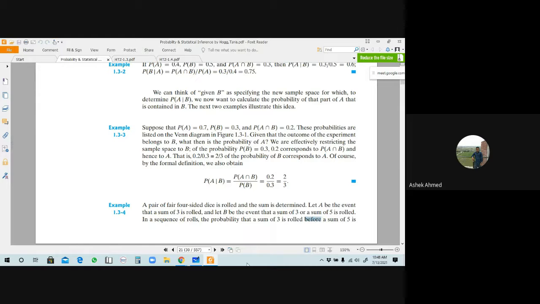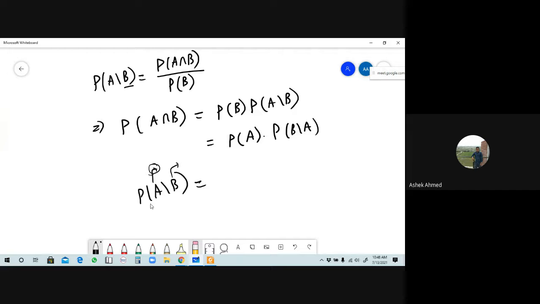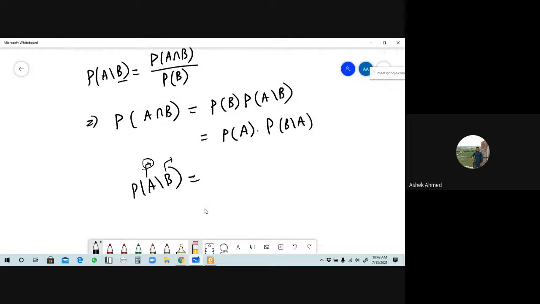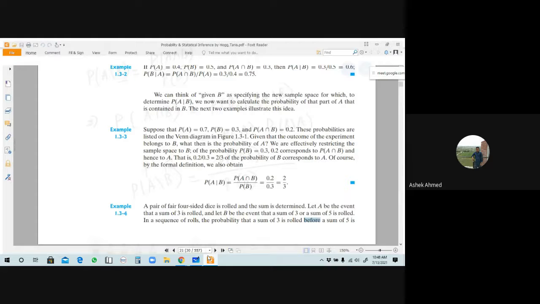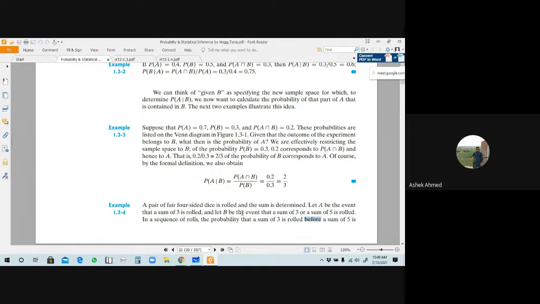Given that, we can say that this will be probability of A given B. From conditional probability we know that this will be probability of A intersection B divided by probability of B. Respond, are you understanding? Yes, sir.